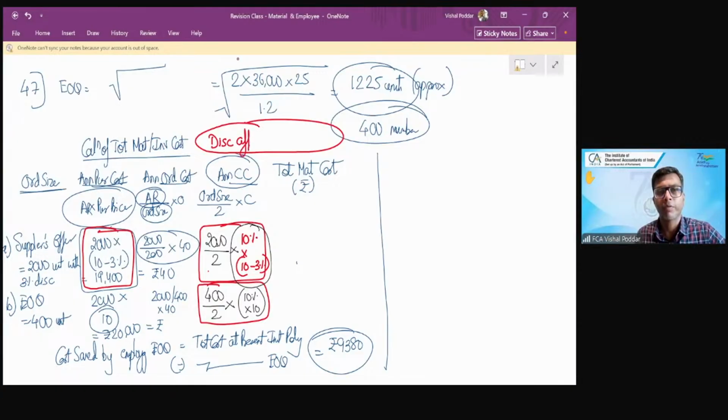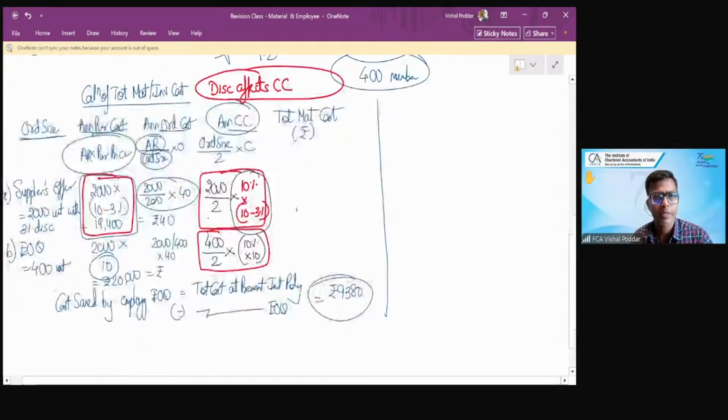Discount affects carrying cost. What does it mean? Discount is affecting price, so price is getting reduced. But since carrying cost is also expressed as a percentage of price, if price is reduced, carrying cost will also reduce.